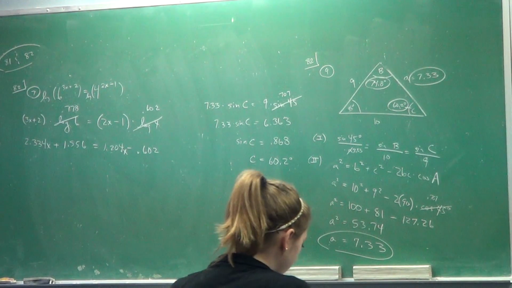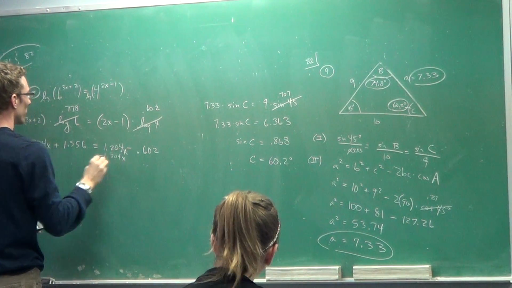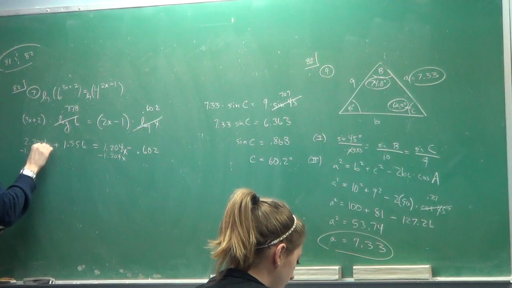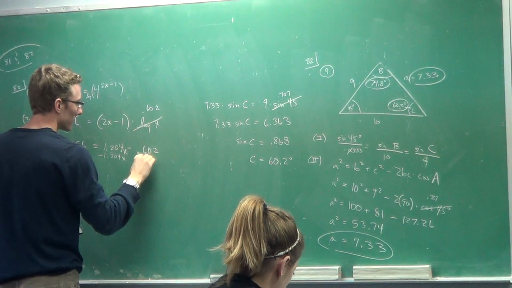x's to one side, numbers to the other, so we'll subtract 1.204x from both sides, and subtract 1.556 from both sides.